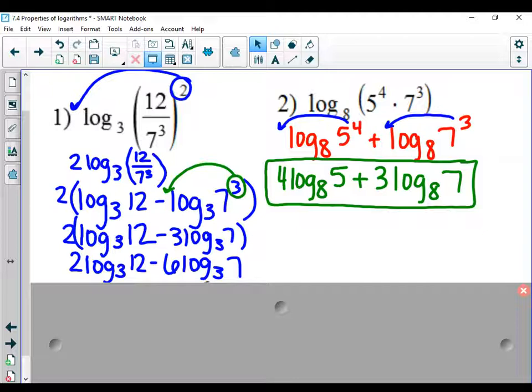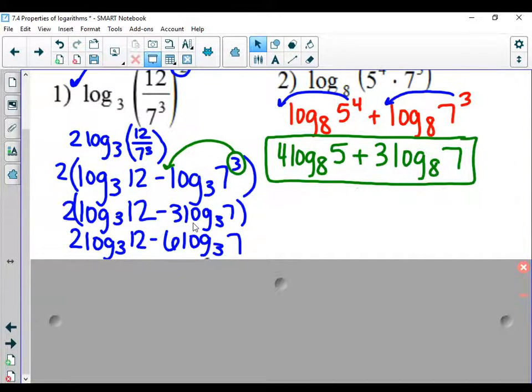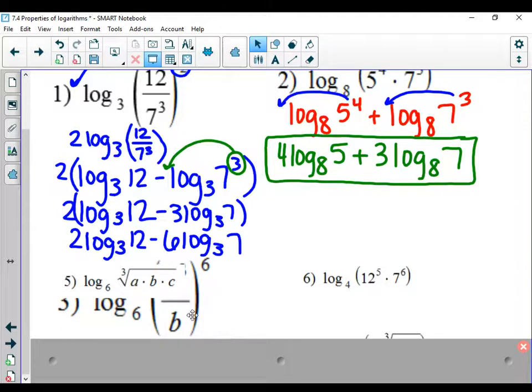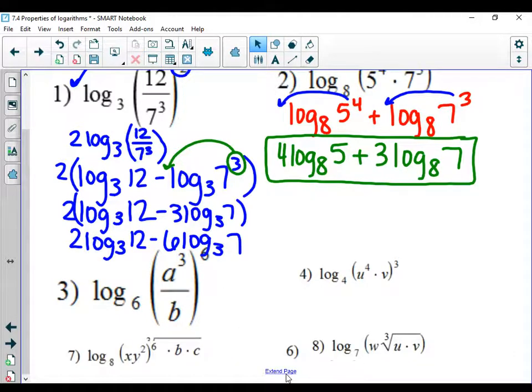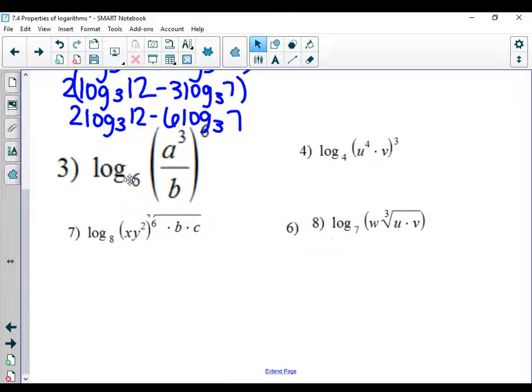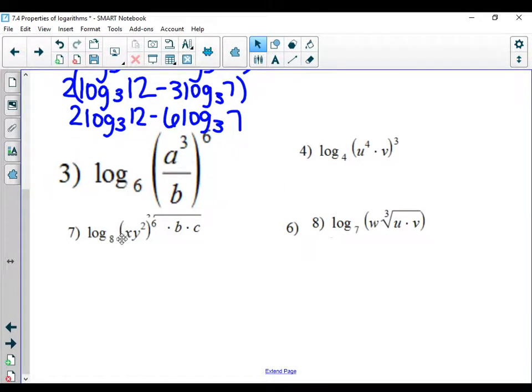Any questions so far? Am I going too fast? Okay, let's try 2 more of those. Oops, hold on. I accidentally covered them up now. Let me get this fixed here. So we have 3.